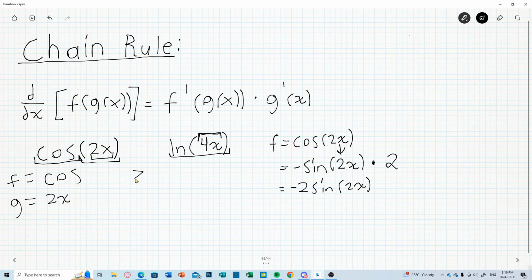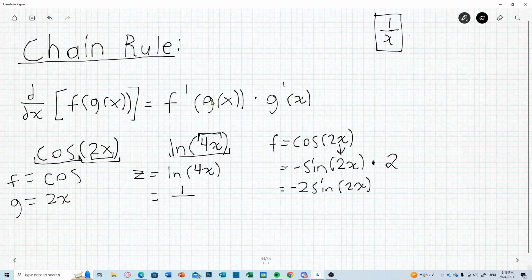Okay, so now for the second example, we have z is equal to ln of 4x. To start, we're going to have the derivative of the outside function with the inside function staying the same. So our f prime is going to be the derivative of ln, which is 1 over x.